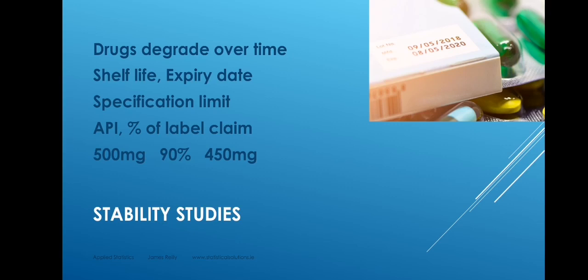Usually this is determined by taking the claim on the label. So let's say we have a 500 milligram paracetamol tablet. The claim on the label says that it contains 500 milligrams.